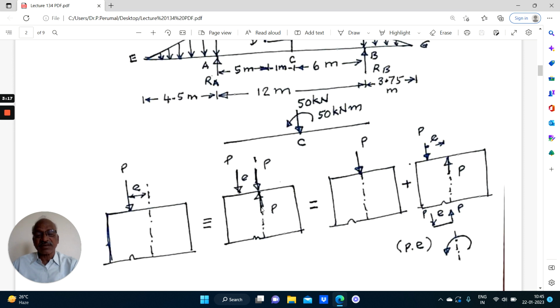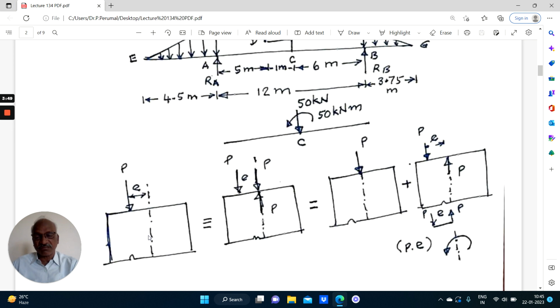This can be split into the load at the center, this alone, plus these two. These two will cause an anti-clockwise movement. That is P upwards and P downwards will cause an anti-clockwise movement of P into E. So P into E equal to this one. This is equivalent to this, right?